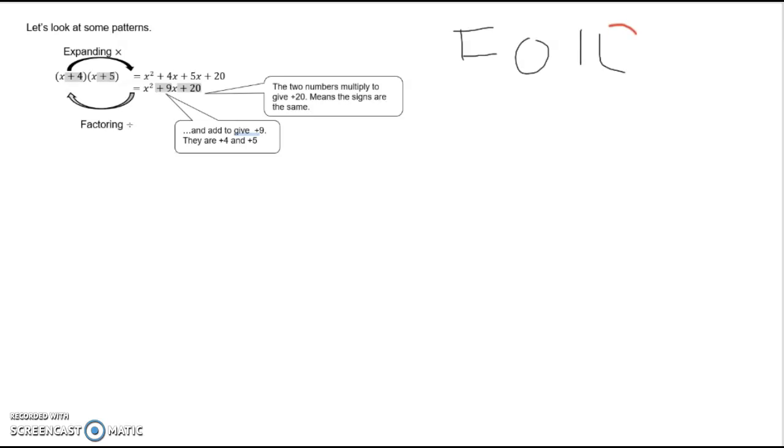And then L stands for last. Sorry guys, I had a brain fart for a second. L stands for last, so what I meant to say was 4 times positive 5 gives you positive 20.